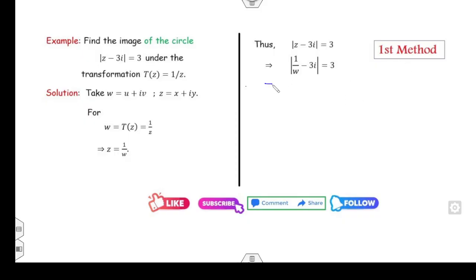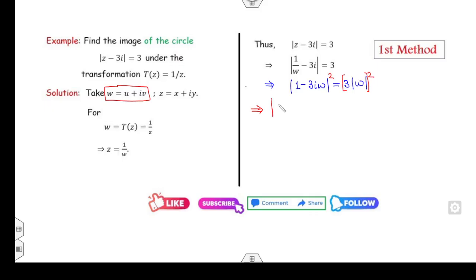The first method is I can take the LCM: modulus of 1 minus 3 iota w over w is equal to 3. Now I can take the square on both sides, so it's 3 square also. Now w is u plus iota v.